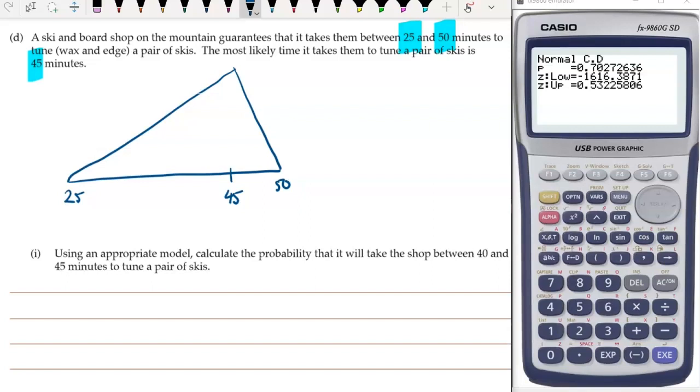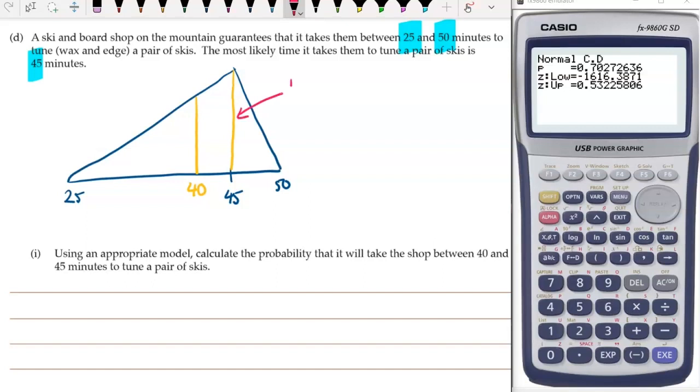Now, using an appropriate model, we're going to calculate that it will take the shop between 40 and 45 minutes to tune a pair of skis. So if we set 40 to be just here, then what we're doing is finding this gap, that amount of 40 to 45. Okay, so we need the height first.